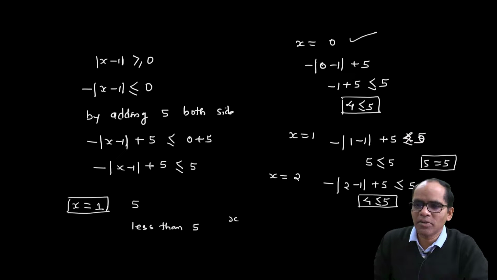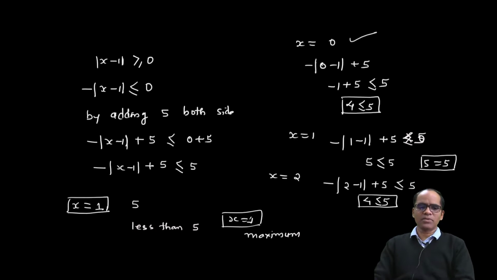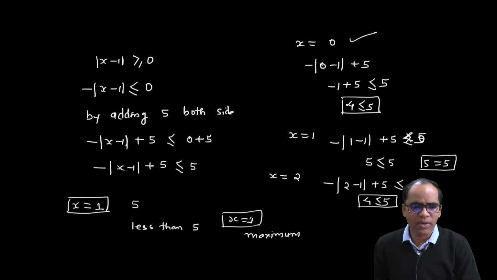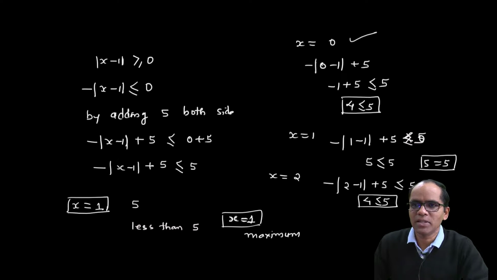So x equal 1 gives the maximum value here. So 5 is the maximum value, and that point is x equal 1. Understood? So like this we have to find out.